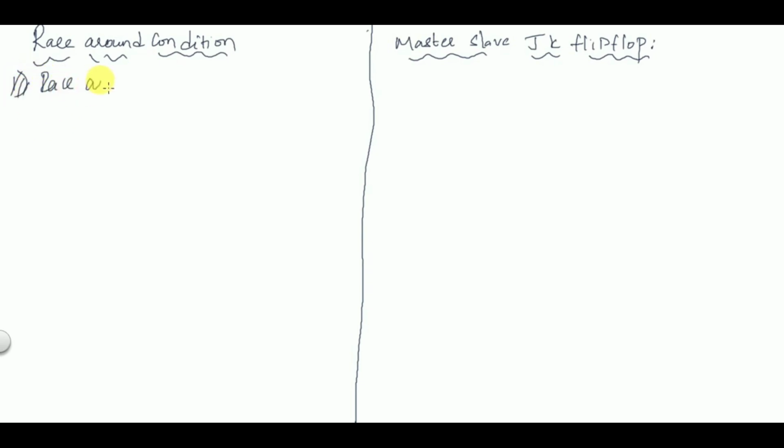Race around condition will occur in a JK flip-flop. What are the conditions for the race around condition to occur in a JK flip-flop? Later we'll see how to eliminate that race around condition.